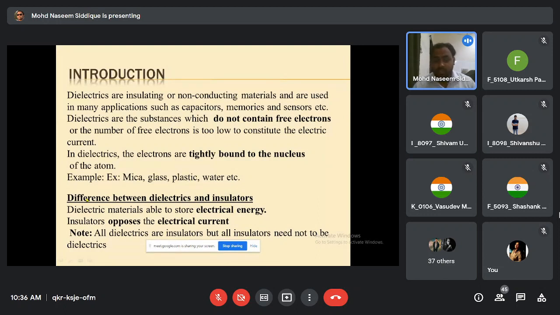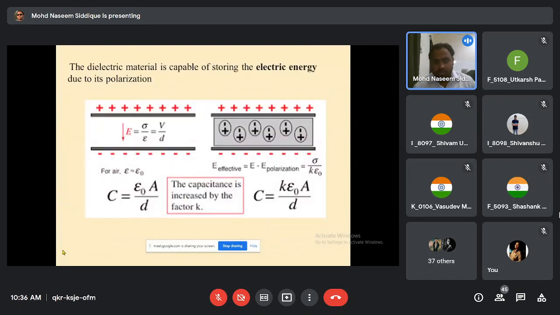Dielectric materials are able to store electrical energy. Insulators oppose the electric current. We can never say all the insulators are dielectric, but all the dielectrics are insulators. So keep in your mind, all the dielectrics are insulators, but all the insulators need not be dielectric.